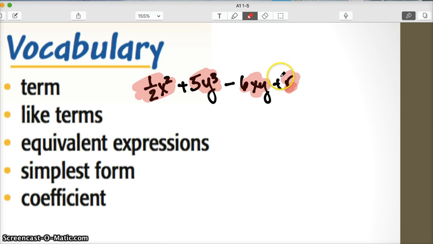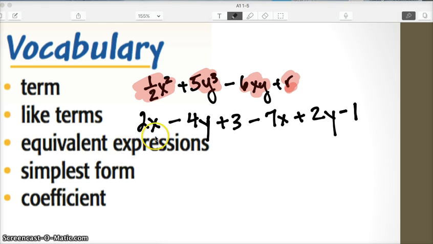But these are terms. So when we talk about like terms, for instance, if we had this expression where we've got several terms here, 2x minus 4y plus 3 minus 7x plus 2y minus 1. So we've got 6 different terms here that we're looking at. Some of these terms are like terms.